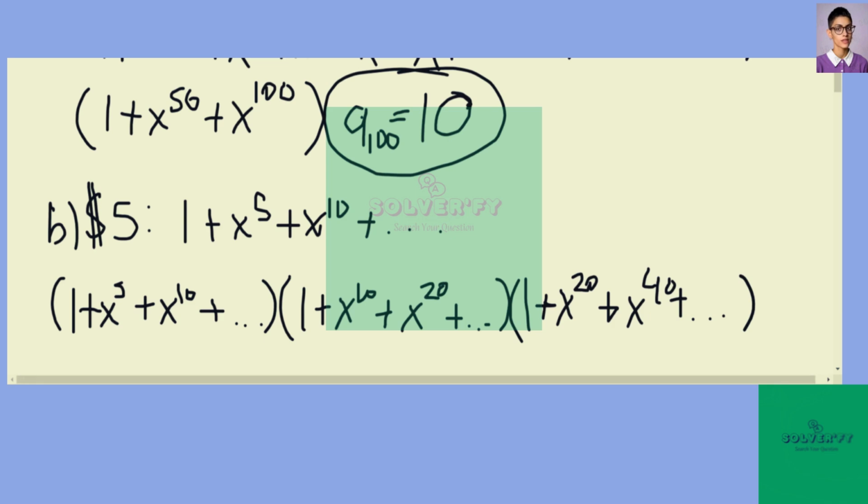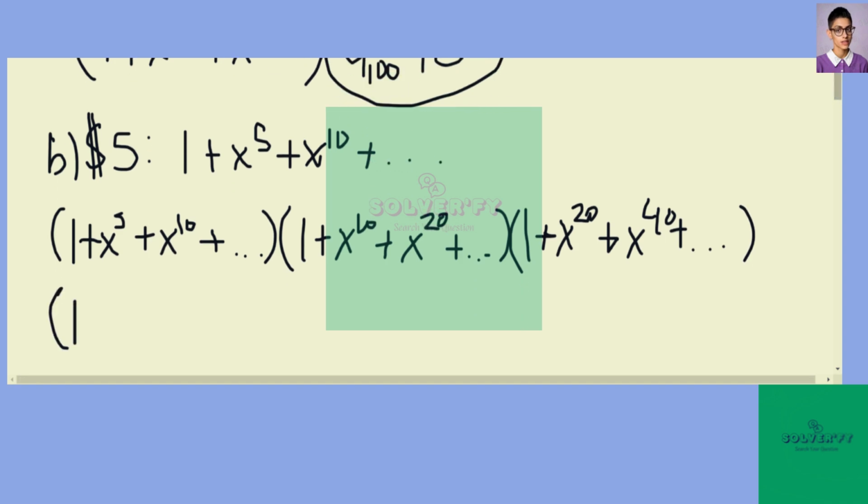And finally, times 1 plus x to the 50th plus x to the 100th, and so on. Because we're looking to make change for $100, we want to find the coefficient of x to the 100.